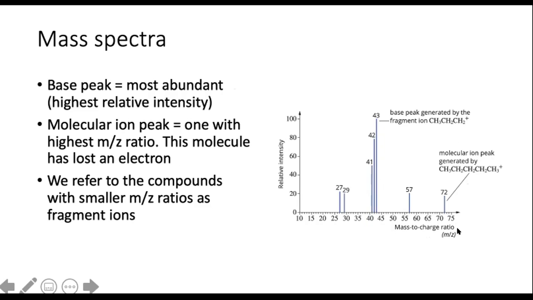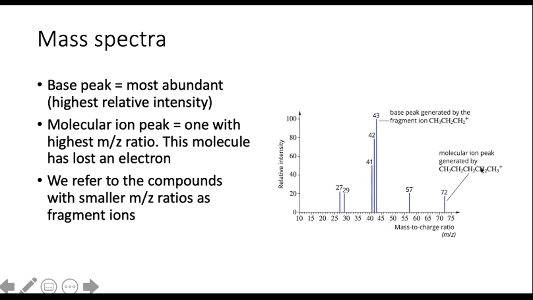So what the mass to charge ratio basically tells you is the molar mass of that particular fragment ion. So this is the molecular ion peak, that's the original molecule, and this is telling us the molar mass of the compound. And as you can see here, from the molecular ion to this fragment ion, we've lost this CH2, CH3 group.